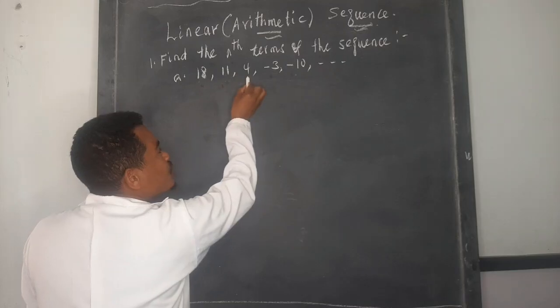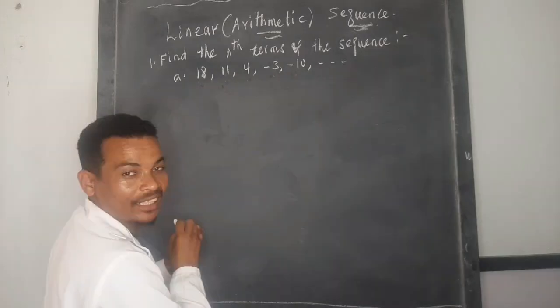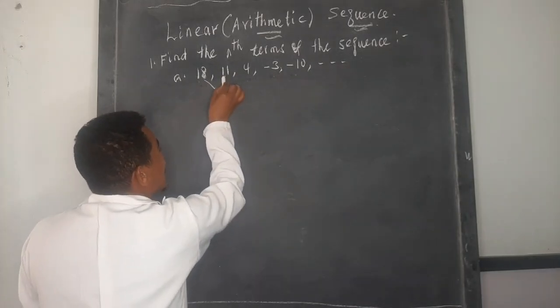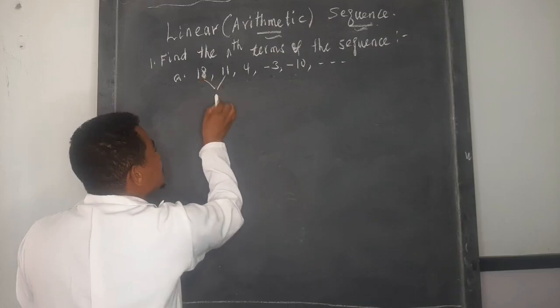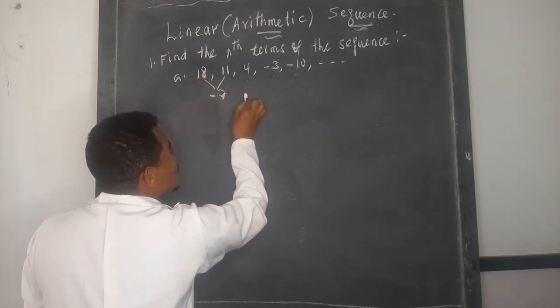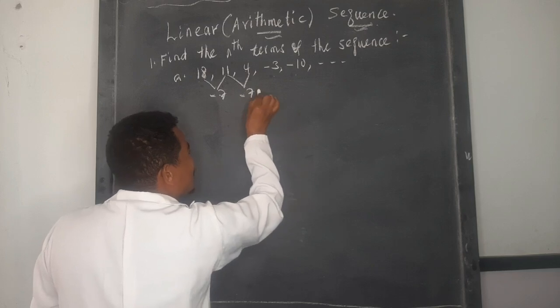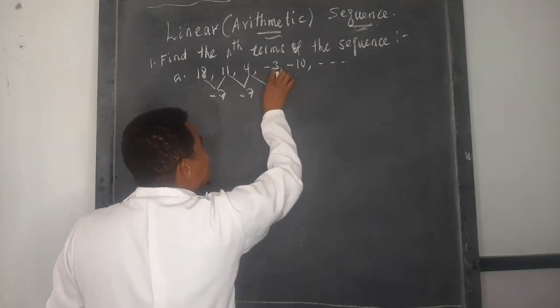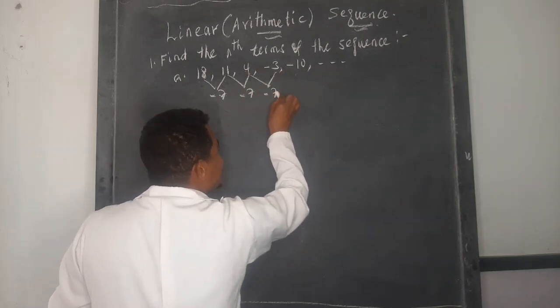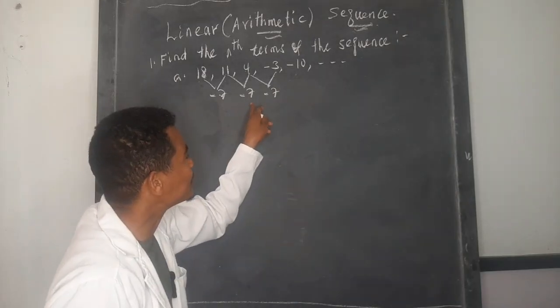Now, 18, 11, 4, minus 3, minus 10 and it continues. So the common difference here: 11 minus 18 is negative 7. 4 minus 11 is negative 7. Again, this one, minus 3 minus 4 is minus 7. So the common difference is constant.